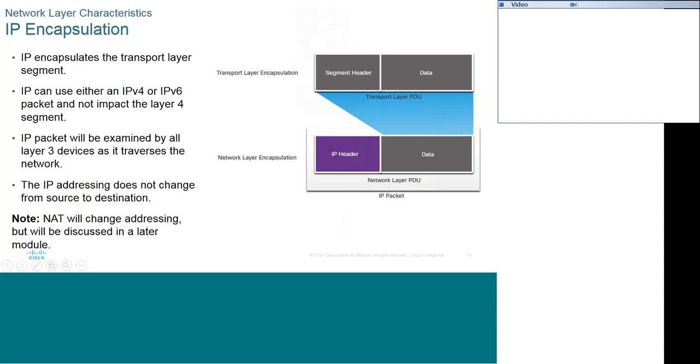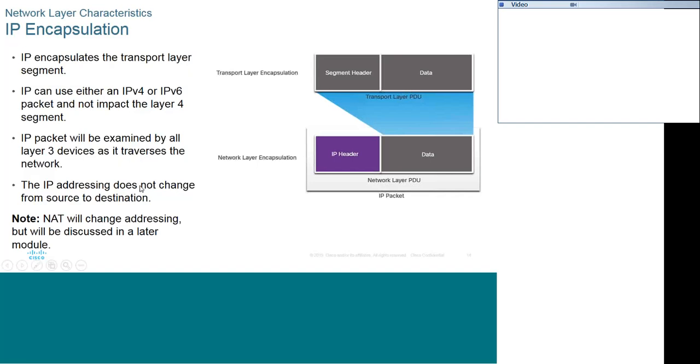This is the process of encapsulation, which adds an IP header containing all the information needed for the communication. The IP packet will be examined by the layer 3 device as it travels through the network, because it needs to see the IP address to know to which destination it should be forwarded.